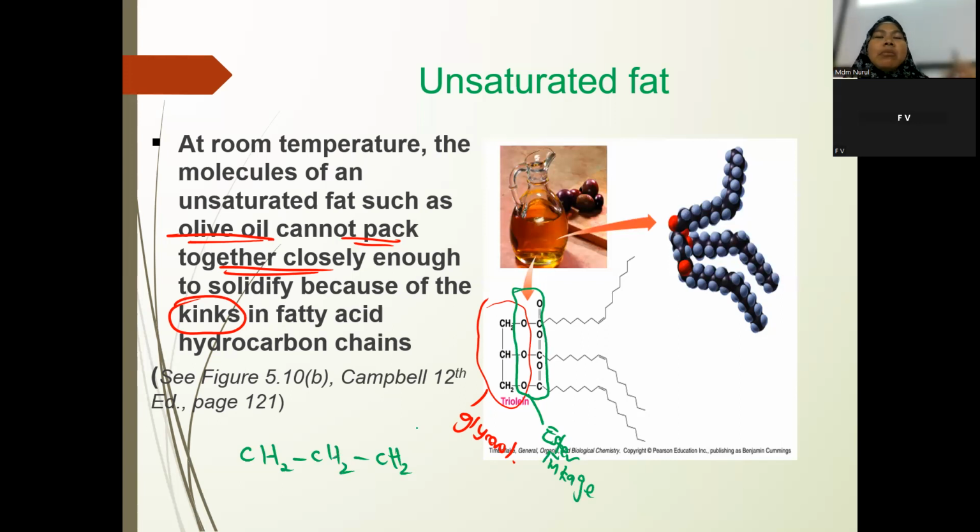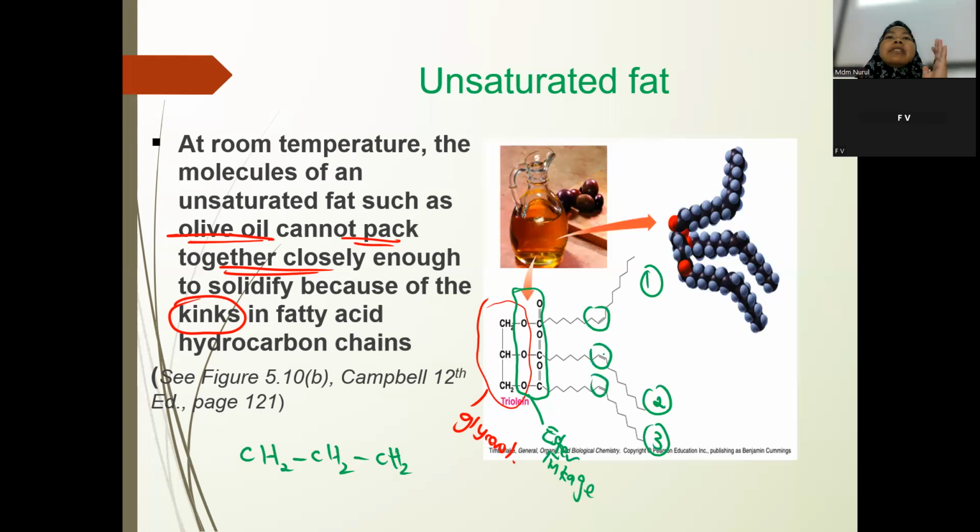So nak ringkaskan dia buat macam tu je. Okay. Alright. So these are fatty acid 1, this is fatty acid 2, this is fatty acid 3. Nampak tak? 3 fatty acid tu. Okay. Did you see any double bond over here? Nampak tak ada double bond ketak dekat fatty acid tu? Ada. Ni nampak ni. This is the double bond.